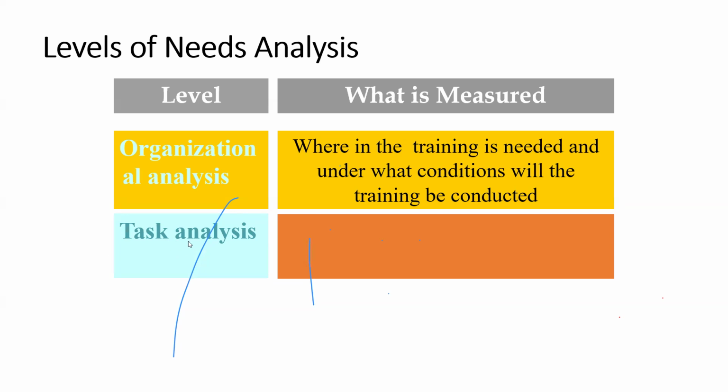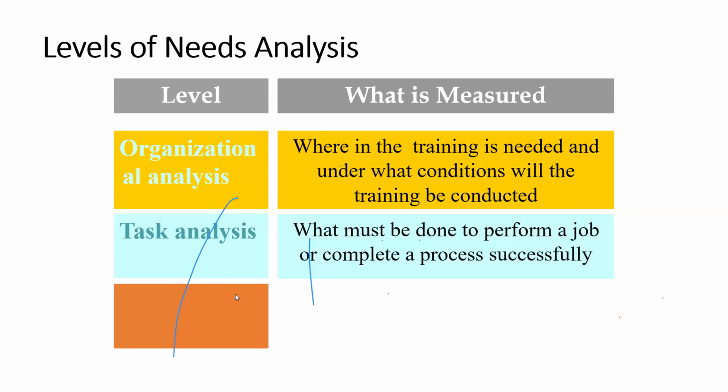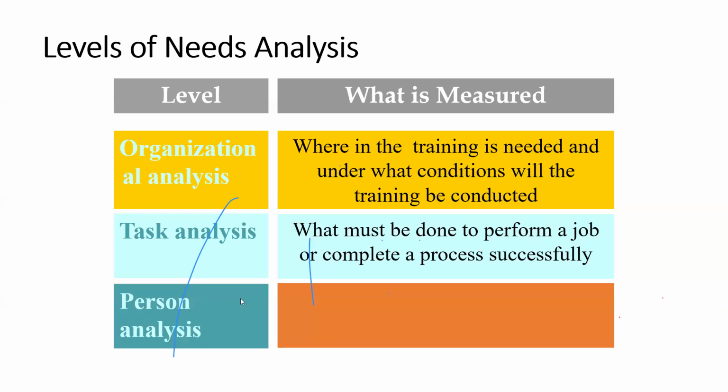At the task level, the same thing is known as task analysis or task assessment. And at the individual level, the assessment is known as person analysis or person assessment. So basically, need assessments take three forms: organizational, task, and person.